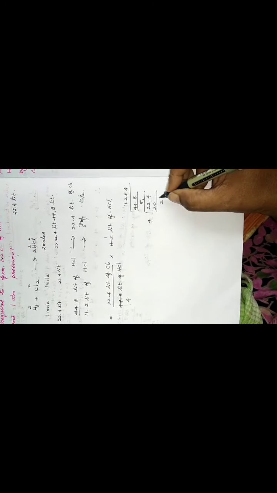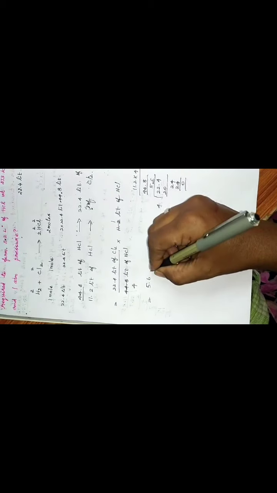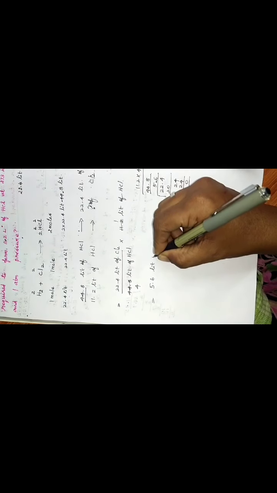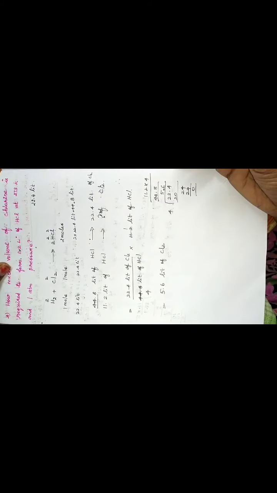Put a decimal point. Take the 4. 6 4s are 24. Now what is the answer? 5.6 liters of chlorine is required to produce 11.2 liters of hydrochloric acid. Okay? Yes. The next question is number 5.